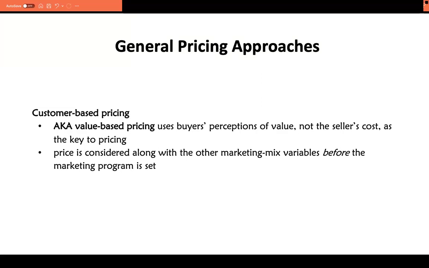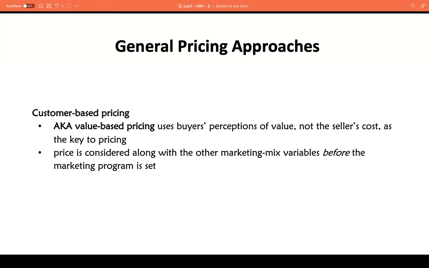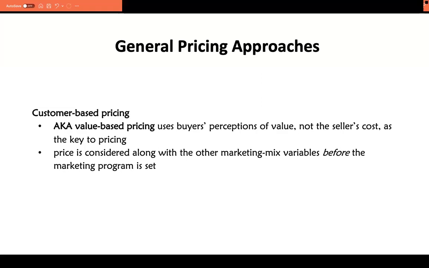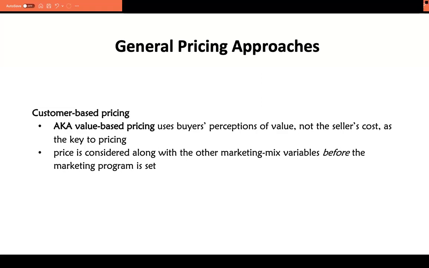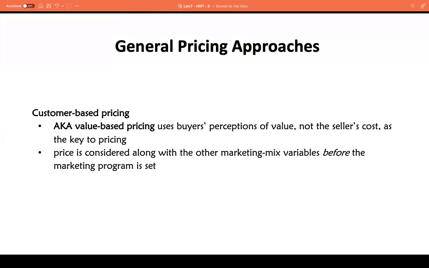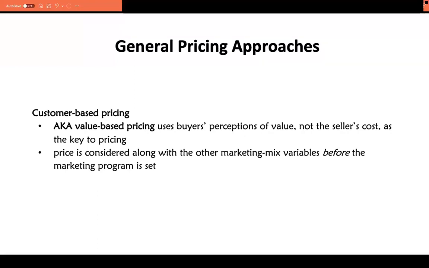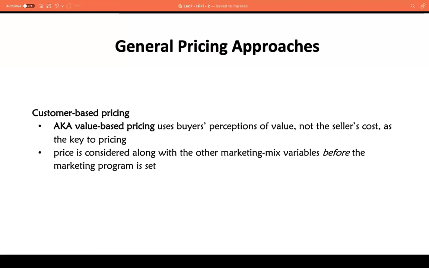Okay, so also understanding your value prop, or how you would satisfy the customer needs, will also help in determining the optimal price, because customers are willing to pay more if they perceive a greater value.